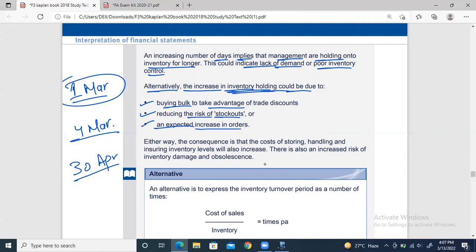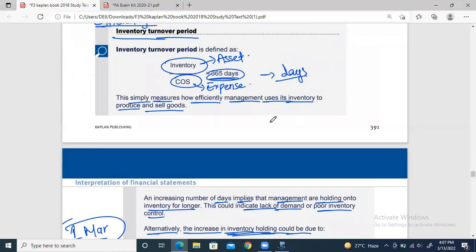There can also be an expected increase in orders, because if we know that demand is increasing, more orders will be coming, so the inventory holding time can be longer. Either way, the consequence is that the cost of storing, handling, and ensuring inventory levels will also increase. The more days we keep the inventory, the more cost arises as part of cost of sales.